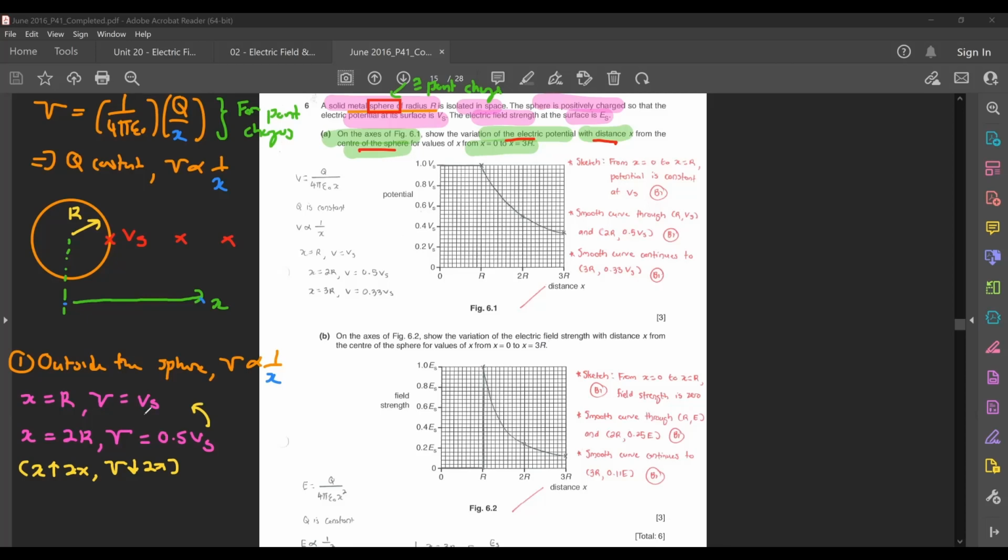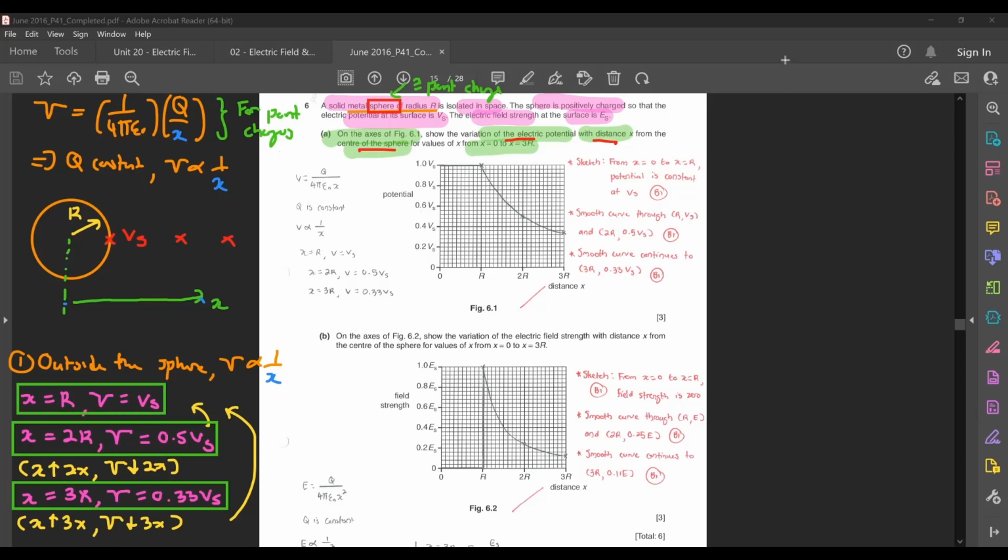Then if your x is equal to 3R, your potential should rightly be 0.33 Vs, because your x has increased by 3 times, so your potential must decrease by 3 times. Again, it's compared with respect to the first case. If you divide Vs by 3, you get 0.33 Vs. So these are the 3 points of interest for you.